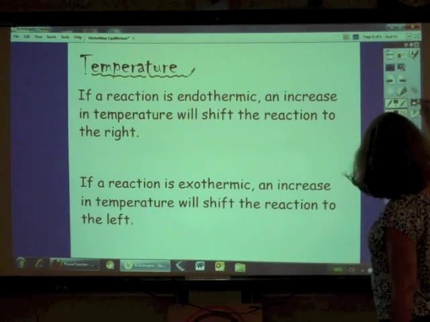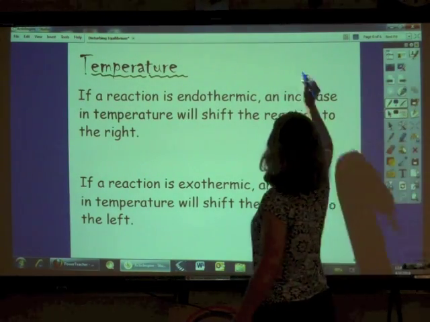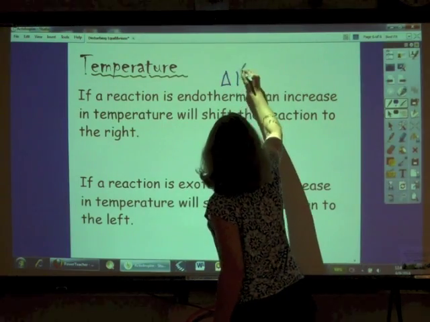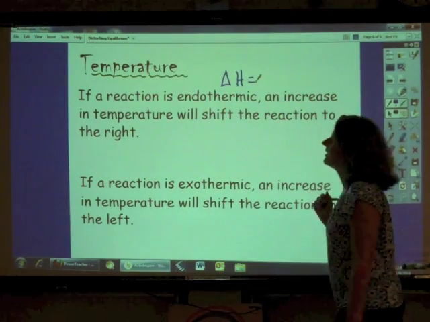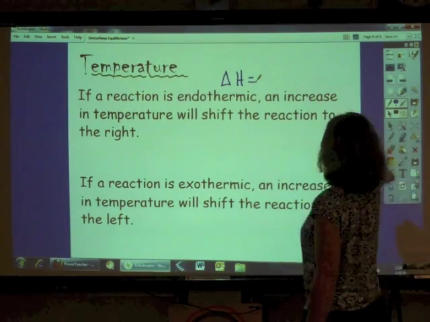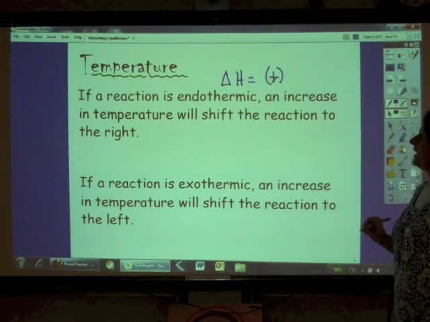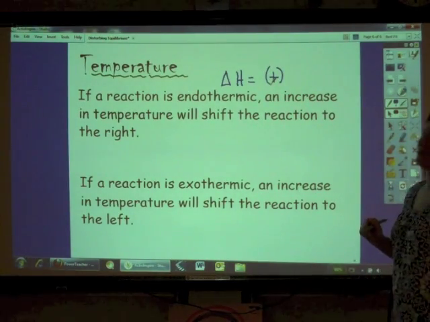Okay, if a reaction is endothermic, that means it has a delta H that is what? Positive or negative? Positive. An increase in temperature will shift the reaction to the right.